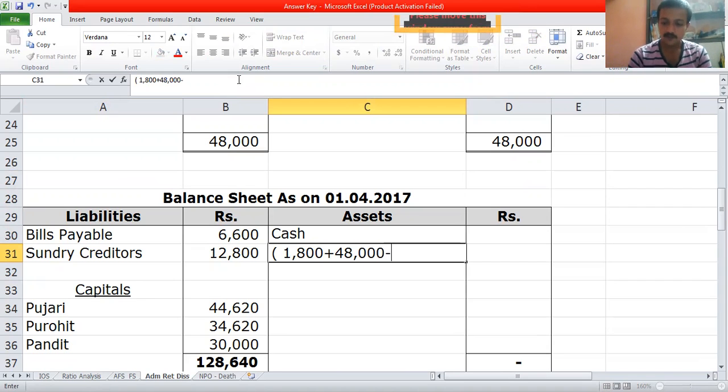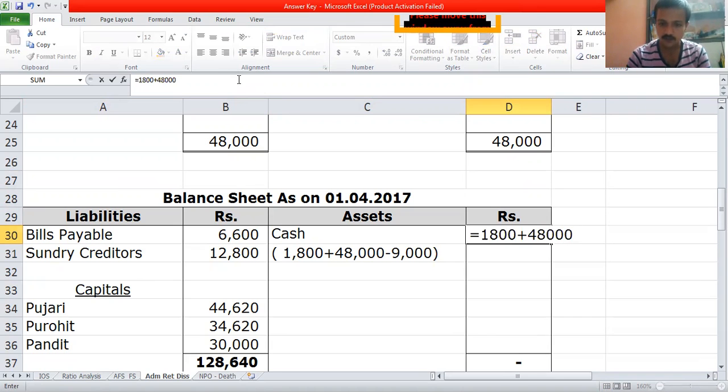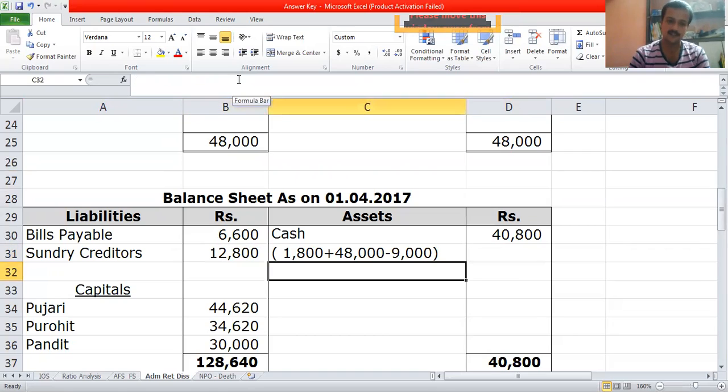Out of this, half has been withdrawn, that is 9,000. So in the outer column, it will be 1,800 plus 48,000 minus 9,000.